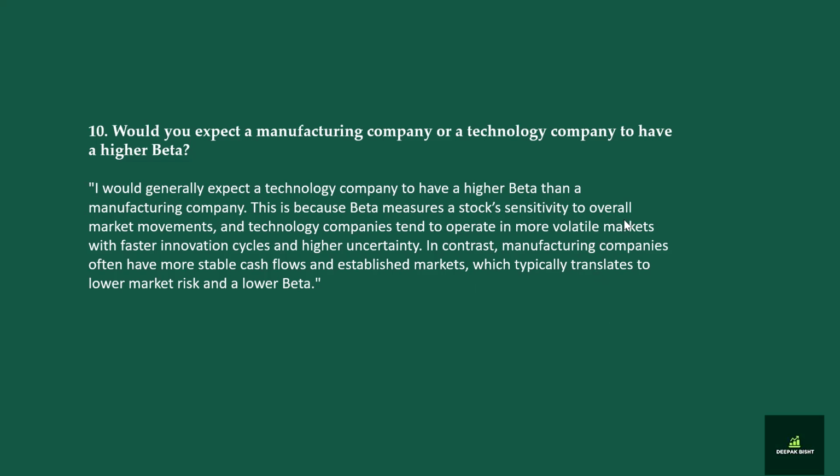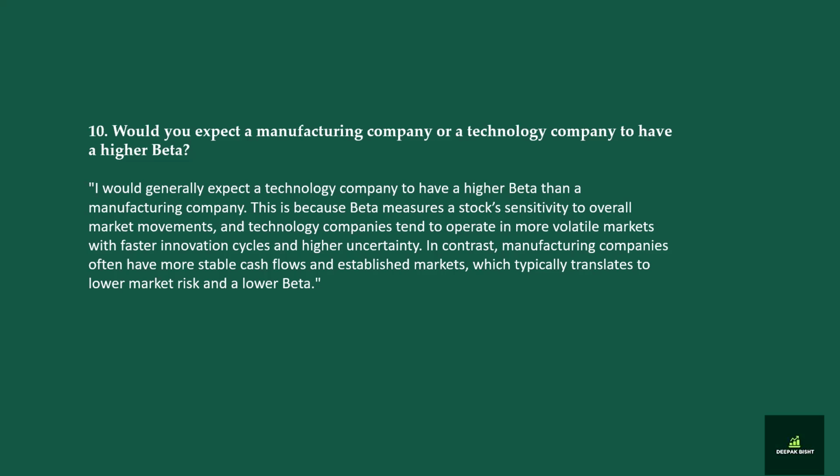Manufacturing companies, by contrast, often produce goods for established markets with predictable demand, leading to more stable earnings. If you think about growth or stability, technology firms are typically growth oriented and reinvest heavily in research and development and expansion. While this can generate a high return, it also exposes the company to more risk if products fail or the market shifts.